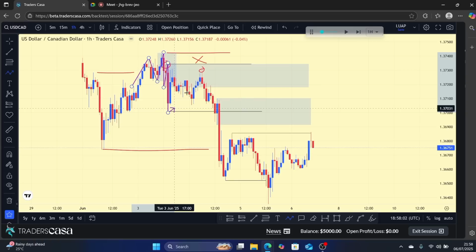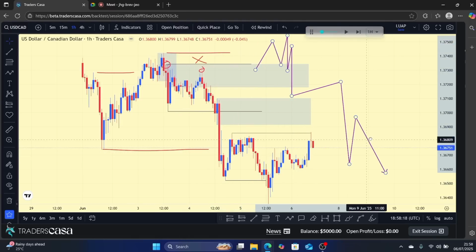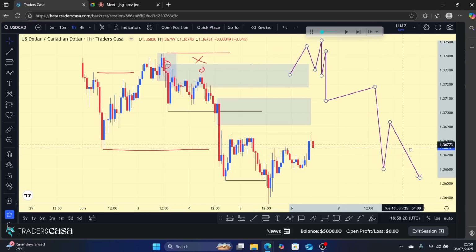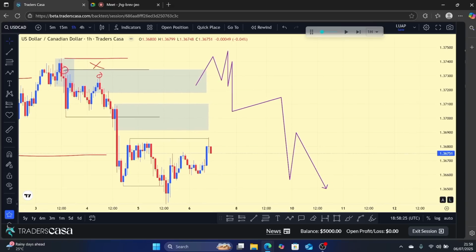You can see here there is no valid pullback, so the pullback will be here, then going all the way down here for this one, and then finalizing with the one at our trading range low. If I remove this path and do this, you can clearly see how many order flows we have.